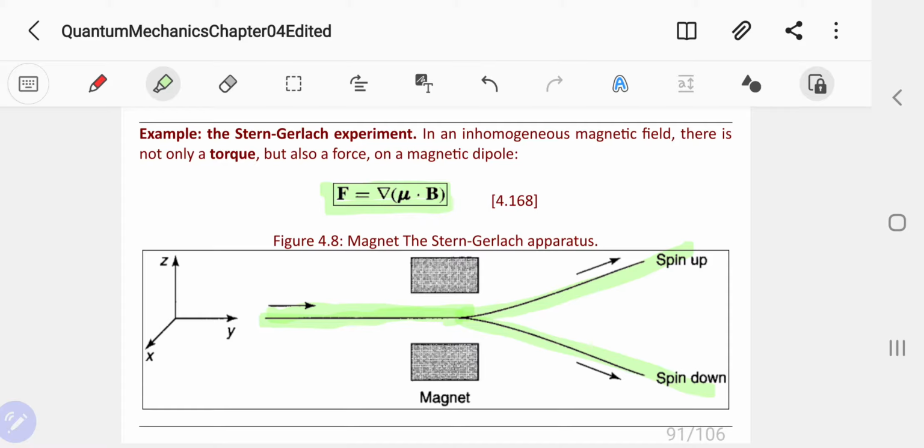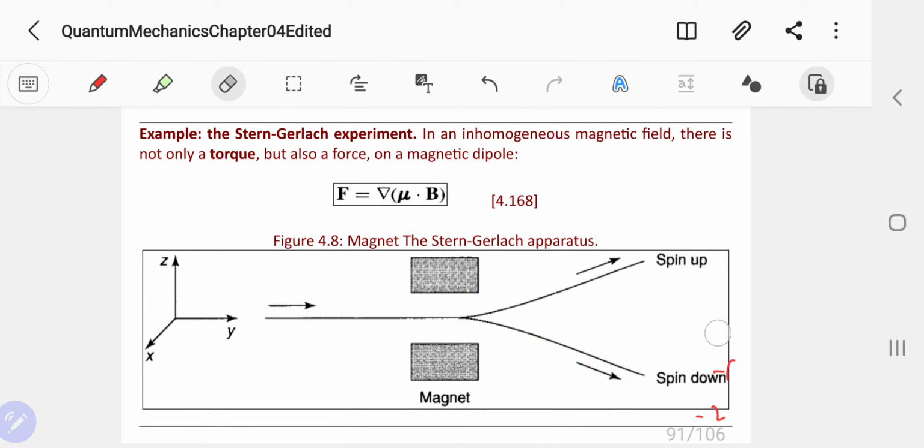So for example, this is like for spin 1/2. If you have spin 2, then it would separate into five beams with different spins. Like this, you have 2, 1, 0, -1, -2.